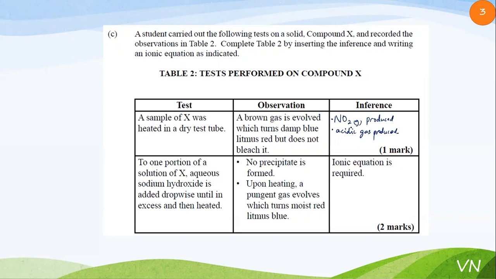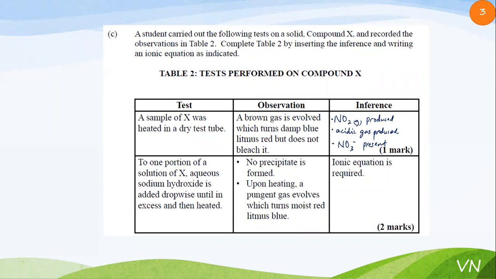And because we know that it's a nitrogen dioxide gas being produced there, we can also have said that the nitrate ions are present, because from the nitrate ions, we get the nitrogen dioxide gas. All right, so any one of those 3 responses there will give you 1 mark.